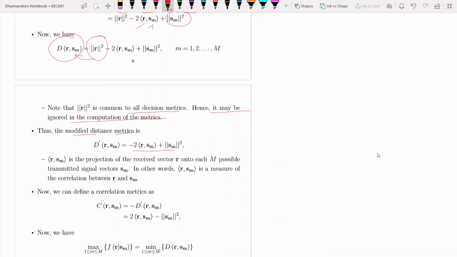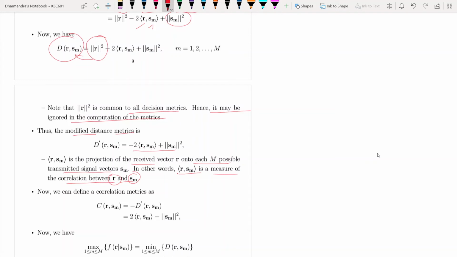We know that this is the inner product between the received vector r and the constellation point Sm, the transmitted signal point Sm. This is the projection of the received vector on each of the M possible transmitted signal vectors Sm. In other words, this is a measure of correlation between the vector r and Sm. Correlation is a similarity measure, as we have discussed.